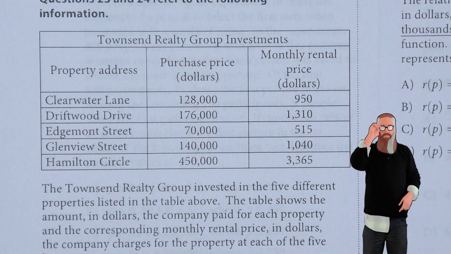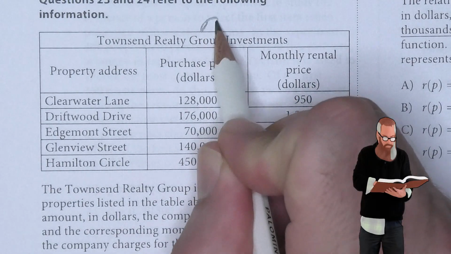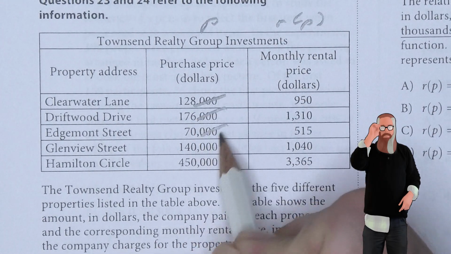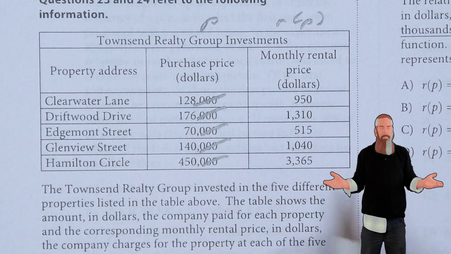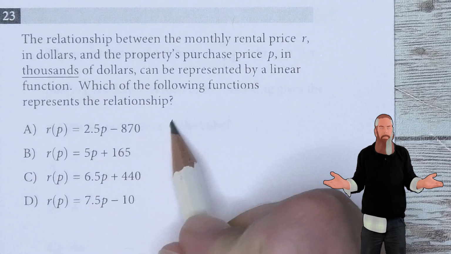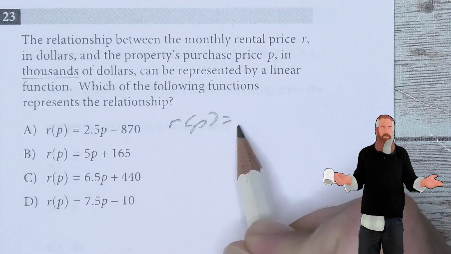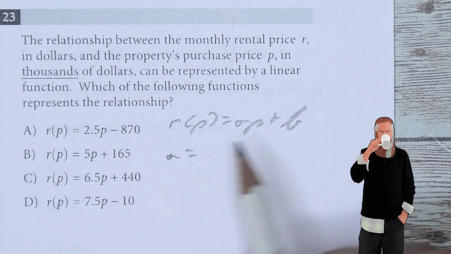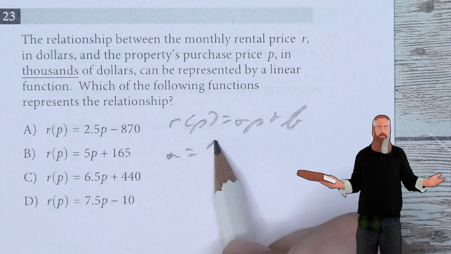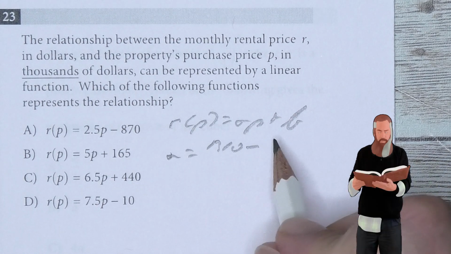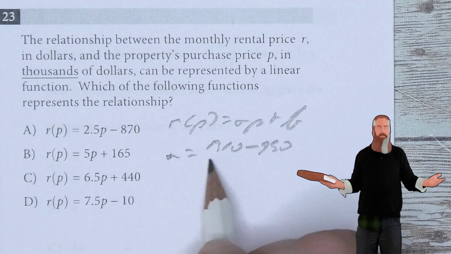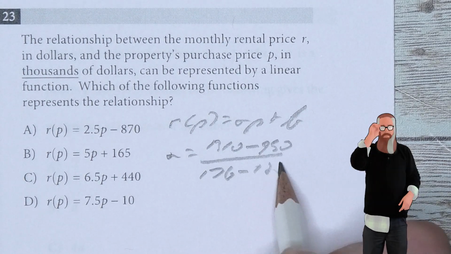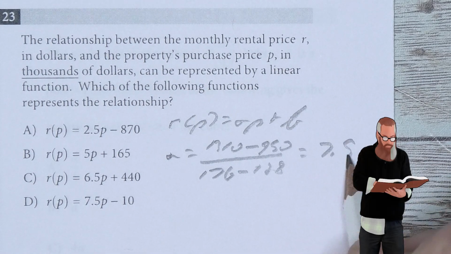We're going to start by giving ourselves some really simple things to deal with. This is P, and this is R of P. I'm also going to go ahead and cross out all of those zeros because we're talking about in thousands. So R of P is equal to AP plus B. Now we need to figure out what A is, and A gets to be 1310 minus 950 divided by 176 minus 128, meaning A is 7.5.